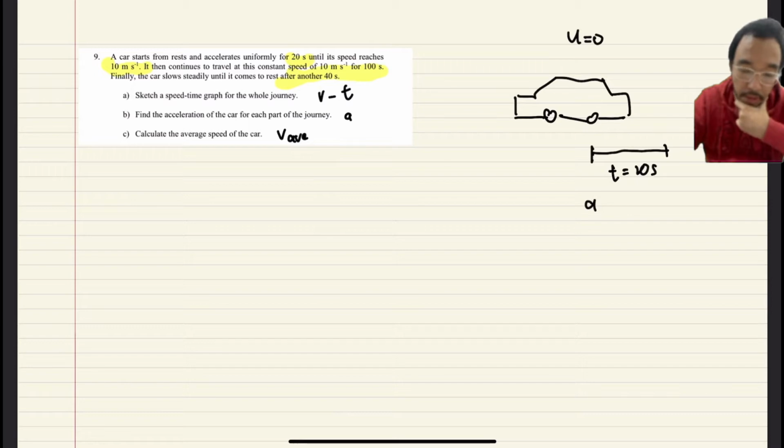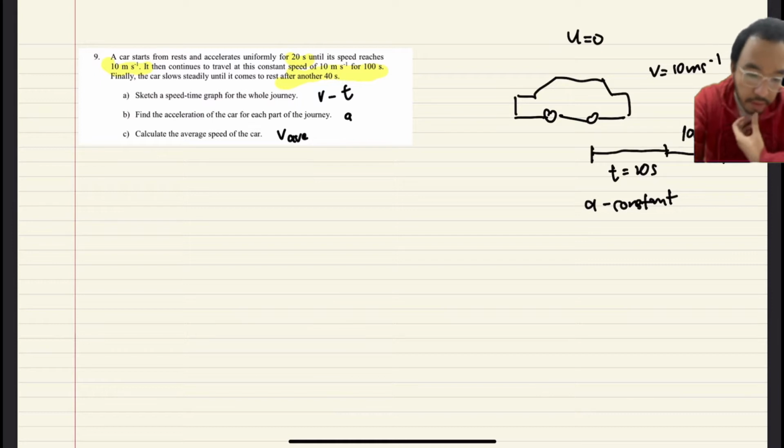So again, for the syllabus, a is constant. And then finally the speed over here reaches 10 meters per second. Then it continues to travel at this constant speed for 100 seconds. So another 100 seconds it travels.